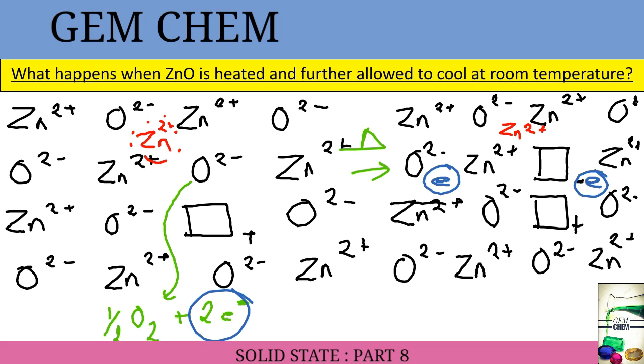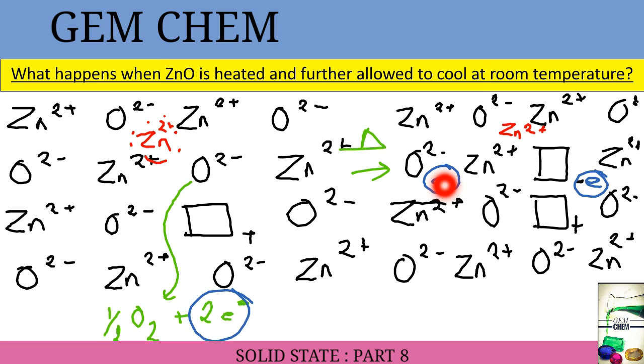Now the system may be considered as a particle in a box problem, and the yellow coloration is observed due to the electronic transition in the visible region. Now on cooling, molecular oxygen is absorbed by the lattice and the electrons from the F centers are transferred to the molecular oxygen, and thus it is converted to oxide.